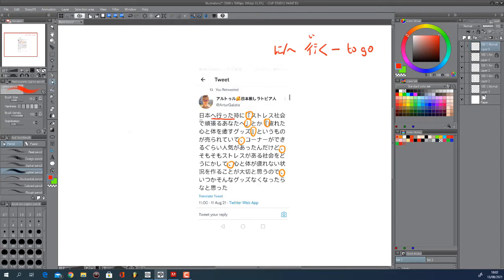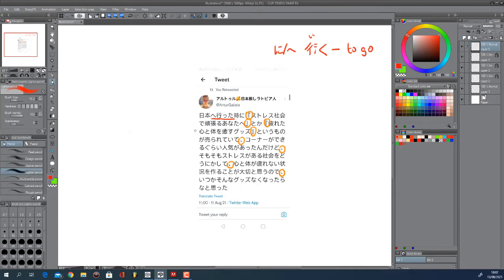So here, 日本へ行った時に, when I went to Japan, it's suggesting that we are going to Japan, but it's not saying we're going to be stopping and doing anything in Japan. It's just generally saying when you're in Japan, in that space of Japan, you might see things.